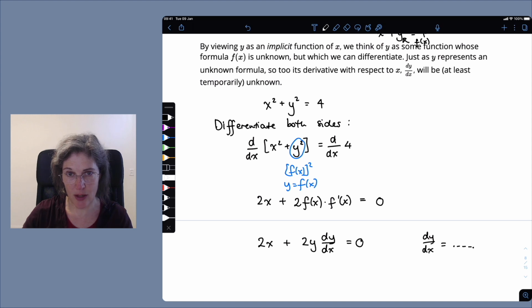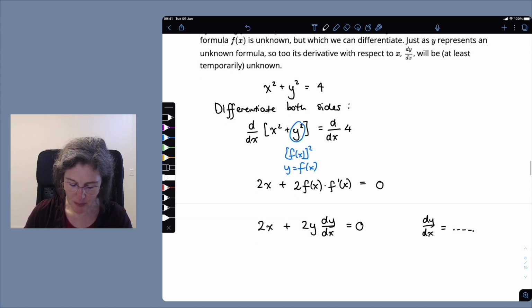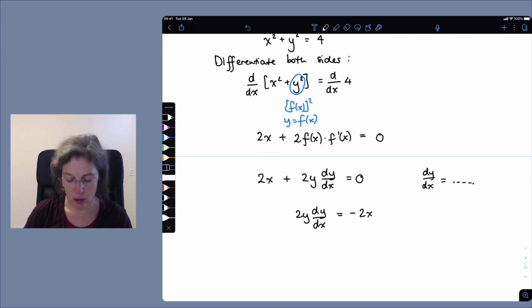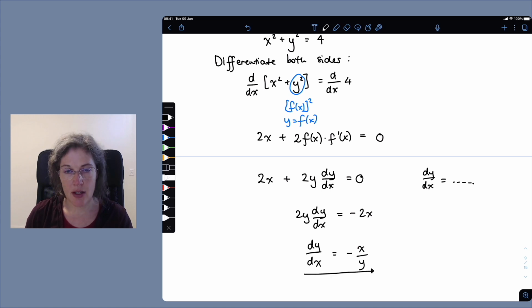So let's just rearrange this and we'll be done. So I'm taking my 2x over to the right-hand side. So I've got 2y dy by dx is equal to minus 2x. And I'm just going to divide through by 2y. So I've got dy by dx is equal to minus x over y.